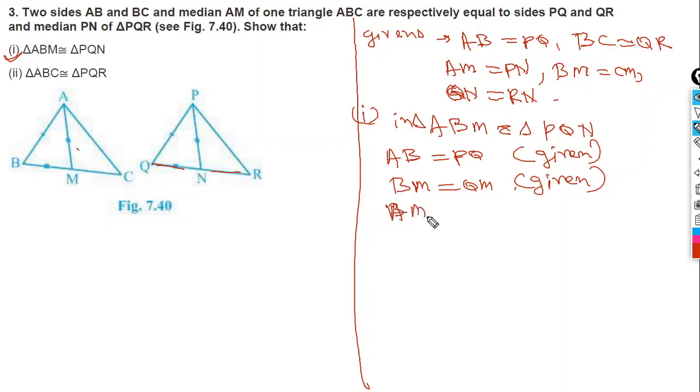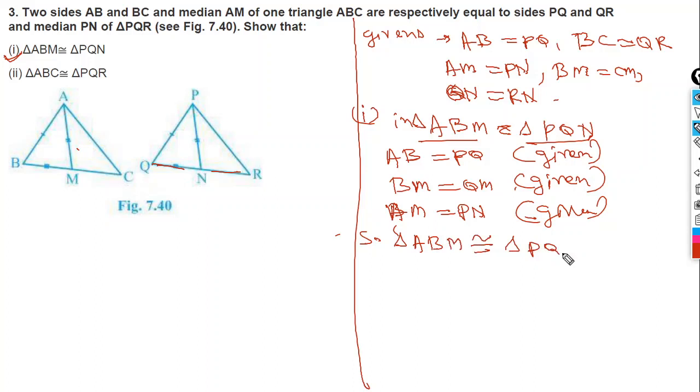So triangle ABM is congruent to triangle PQN. Now the first part we have proved, and the reason is the side-side-side congruency rule. Now we'll move to the second part.